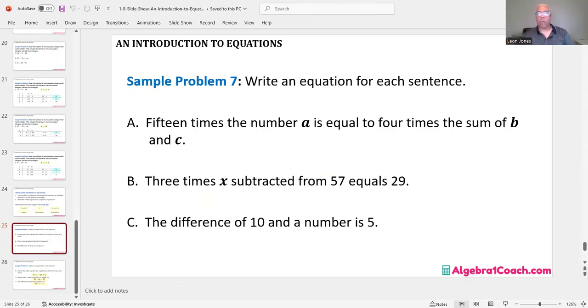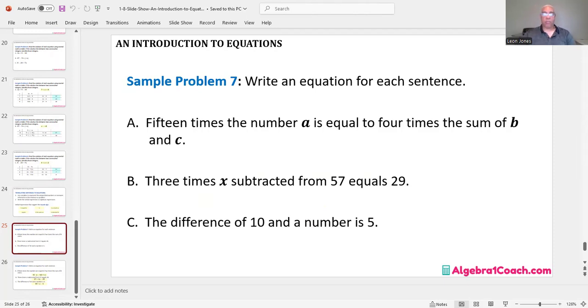So write an equation for each sentence. 15 times the number of A is equal to 4 times the number of B and C. So 15 times the number of A, you're probably looking at 15A is equal to 4x plus B plus C, something like that.